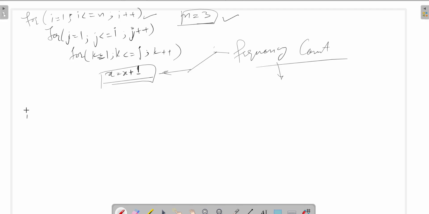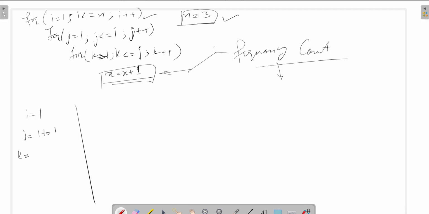So when the value of i is equal to 1, j runs from 1 to i, and because i is 1, j goes from 1 to 1. And then what about k?